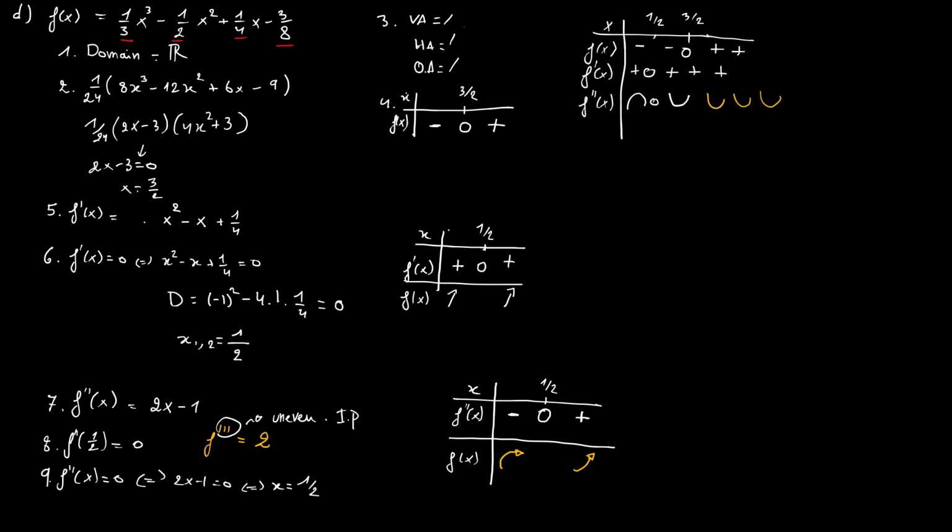Let's ask ourselves what this is going to be. We learned that at 1 over 2 we had an inflection point. It kept rising, it flattened out, and then it rose up again, and it would change its shape exactly at that part as well.